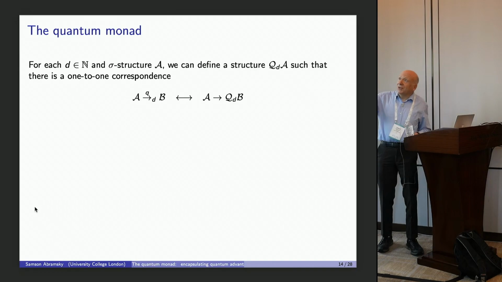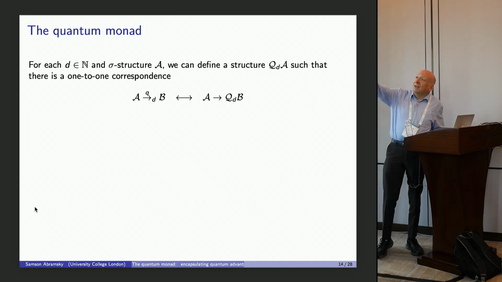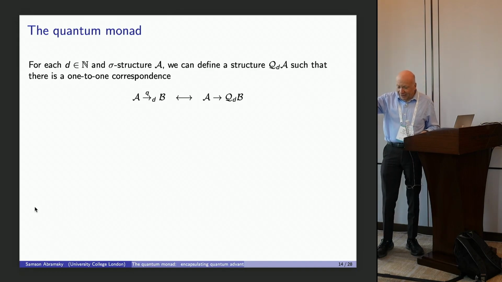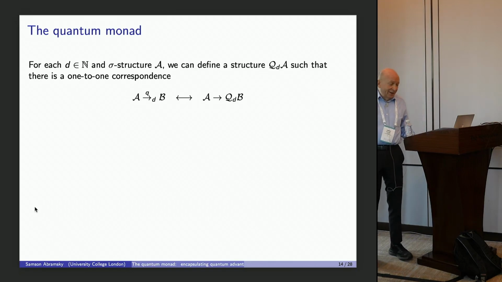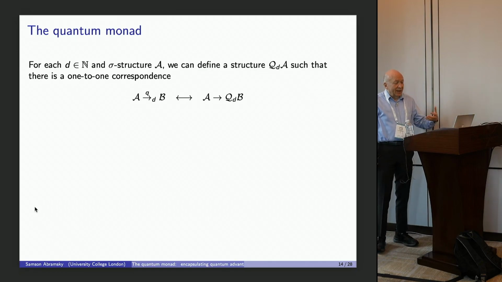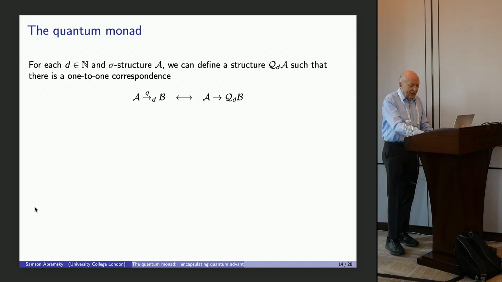And the beauty of this is that we will modify the structure, but the morphisms will now be ordinary classical morphisms of relational structures. So to be a quantum homomorphism from A to B, which as we've just seen corresponds to having this winning quantum strategy for the homomorphism game, is going to be exactly the same as having a classical homomorphism from the input structure A to this modified type, not B, but this quantum monad of B. So this is the idea of the quantum monad.